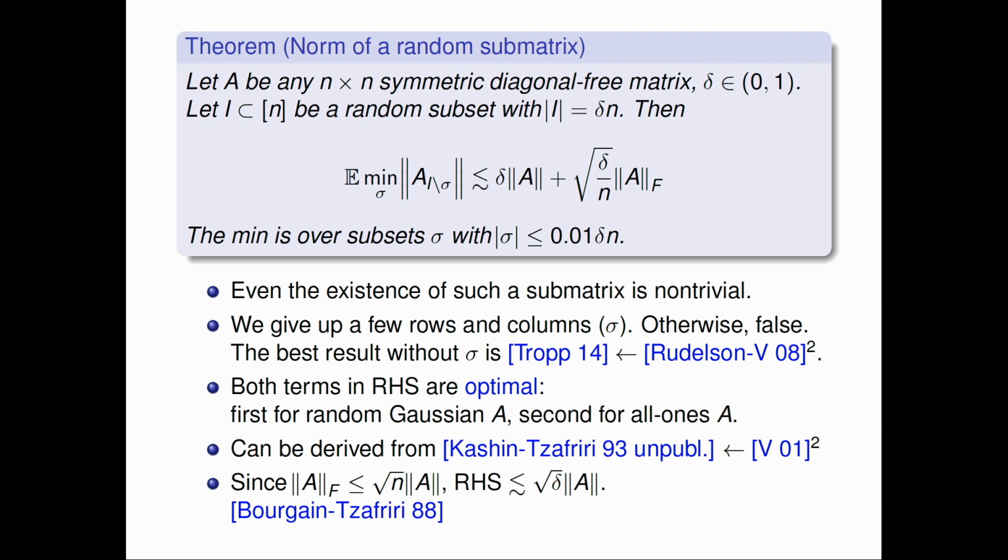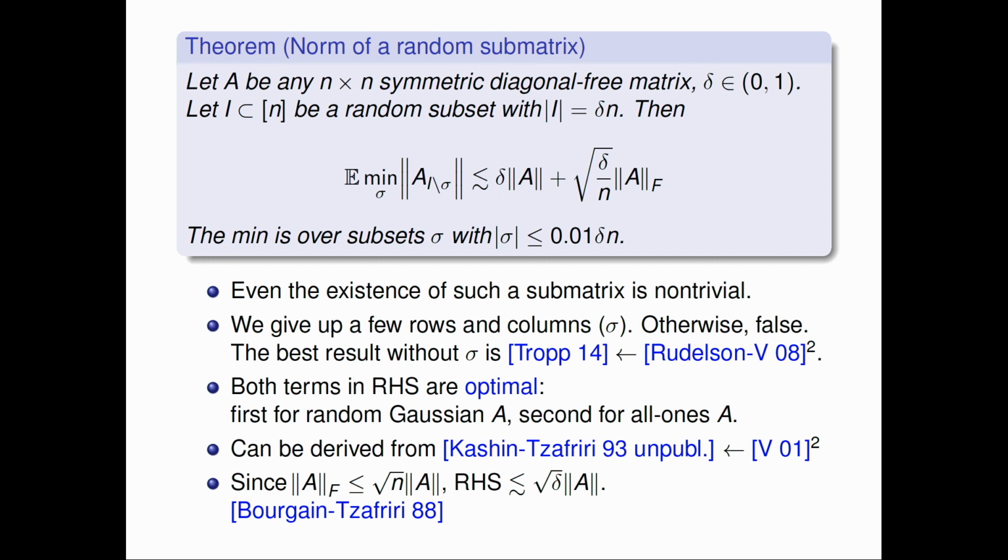We wish there wasn't things like that. But if we don't want to give up a little sigma, the result is false, actually. It really needs to cut out things. Without sigma, there is another result. There are results based on our work in 2008. Tropp put them together, and he had a result about that. A very, very nice one. But it's not of that form. There are other terms in play there.